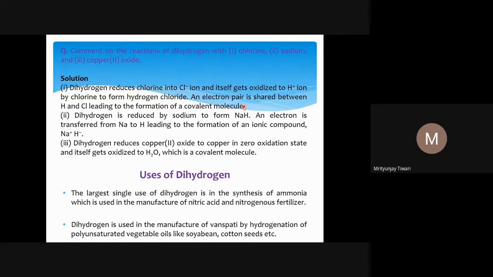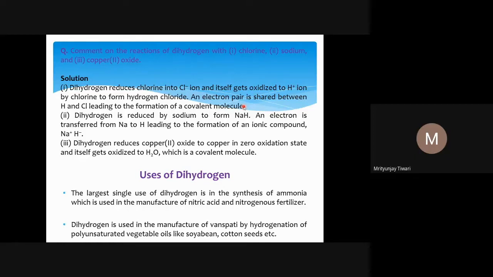Or, in the other way, if you look at Fajan's rule, the hydrogen donates its electron to chlorine, and the chlorine becomes chloride and the hydrogen becomes H plus. Now the hydrogen is very small, it's a proton, and we have seen how small it is. Because of its very small size, the charge to size ratio is very high, and because of that it will attract the electron cloud of chloride towards itself.